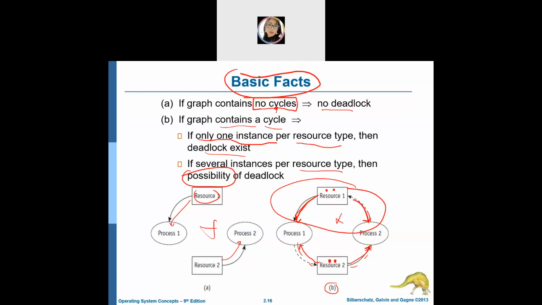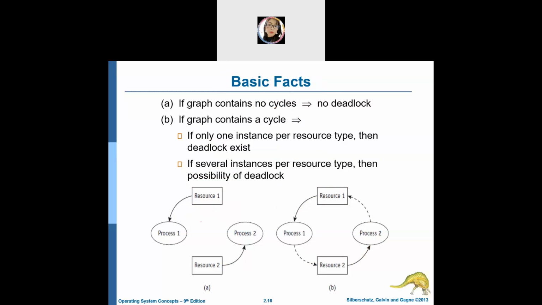There is no deadlock. So it also depends on how many instances the resources have if you have a cycle. When there is no cycle, totally no deadlock. When you have a cycle, you need to look into the instances. If only one, then it is totally a deadlock. But if it has 2 or more instances, you need to check for the possibilities. Okay, so that is a basic fact that you need to remember.